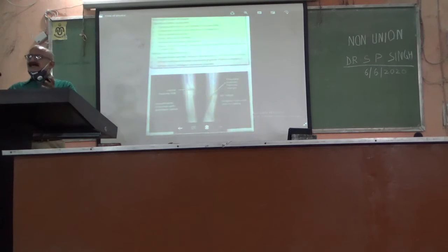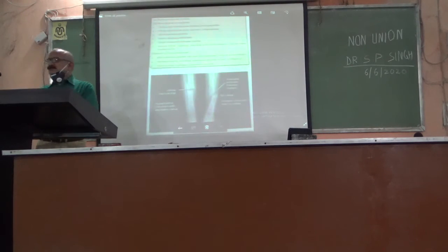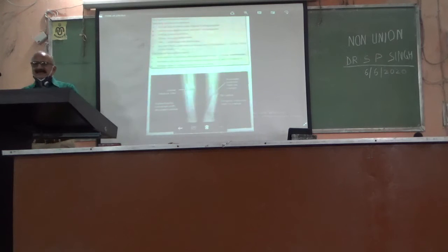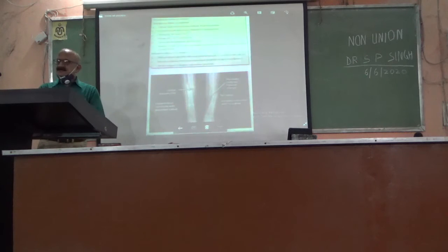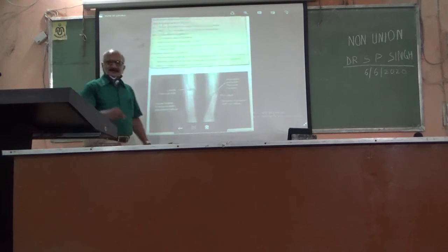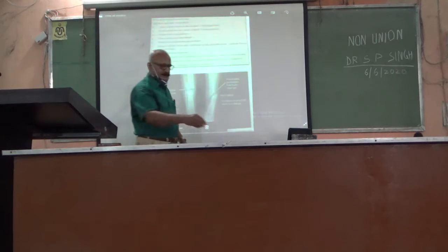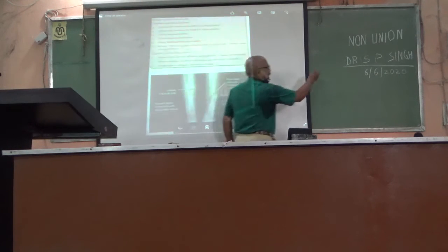अब यदि callus hypertrophic है, you may find it in variable amount. Then depending on that, we have labeled it as elephant pad sign. Elephant pad sign. Elephant pad कैसा होता है? किसको मालूम है?